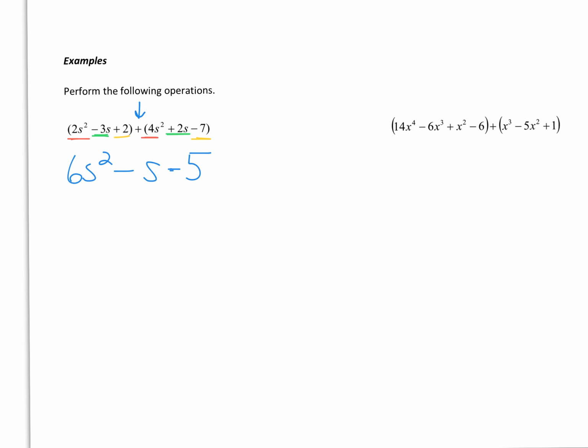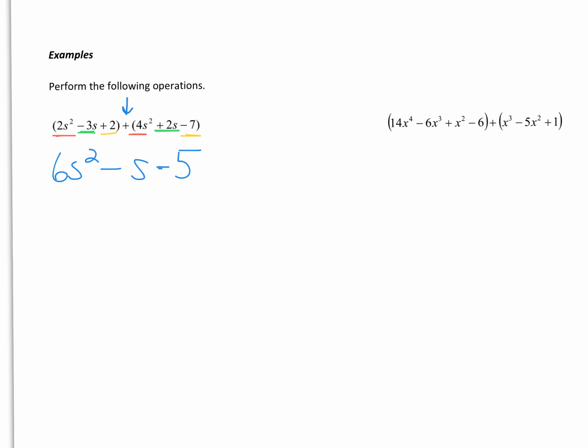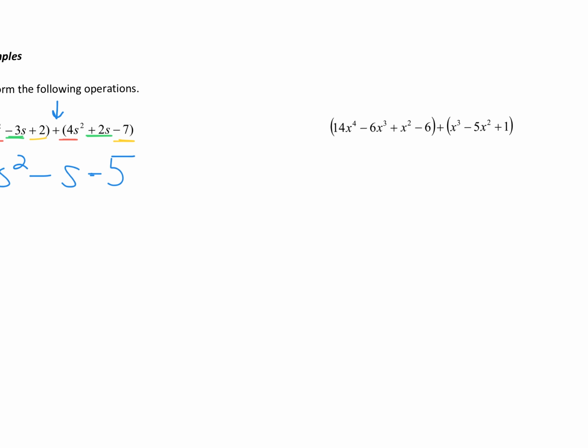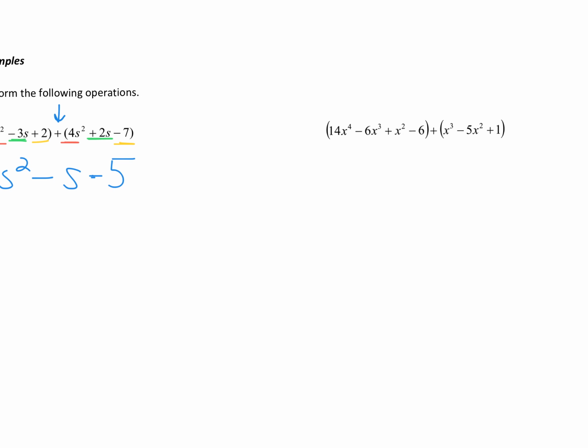So not too bad. Let's look at the other example here. If I can zoom in and focus on that one. I'm adding again two polynomials. So I have, to start, 14x to the fourth, and then over here on this side, there is no x to the fourth. So I don't need to combine it with anything, and I'm just going to write 14x to the fourth. There was nothing to combine x to the fourth with, which is fine.